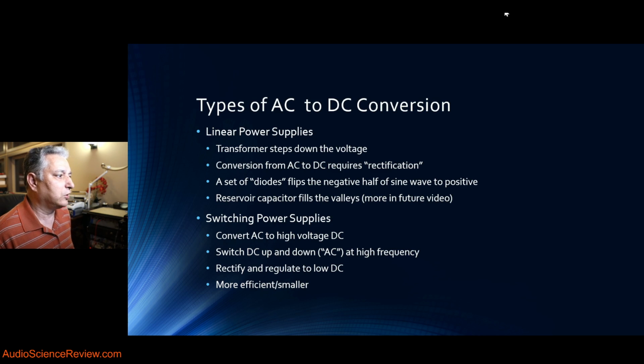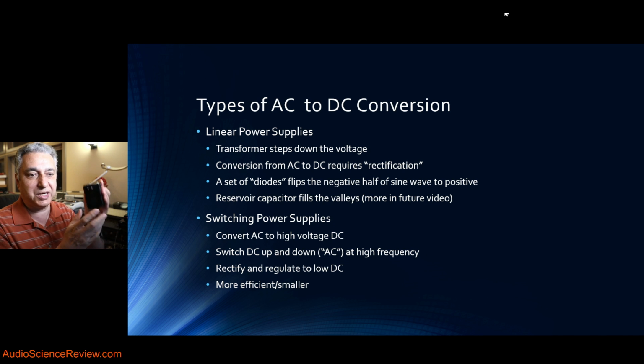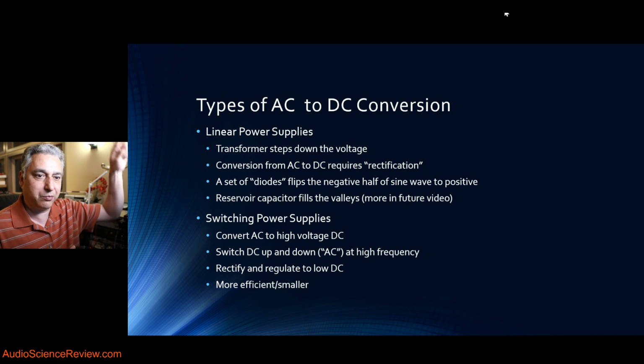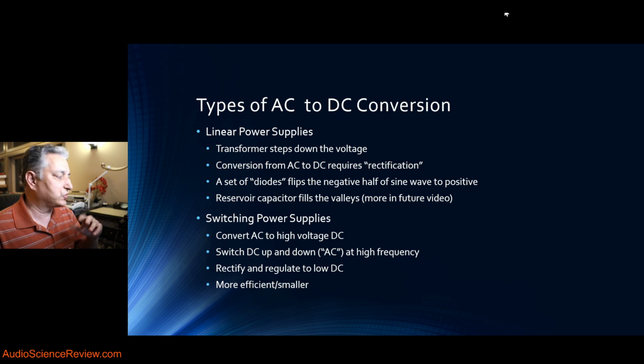Okay. Now, there are 2 types of power supplies. I've been showing you the 2 types. This is half of one. There's a linear power supply. Linear ones means you have a transformer that steps down the voltage near what you want. And then what we have out of this is a sine wave that's still going up and down instead of being a flat line. So we run it through a set of components called diodes, which I'll cover in a future video.